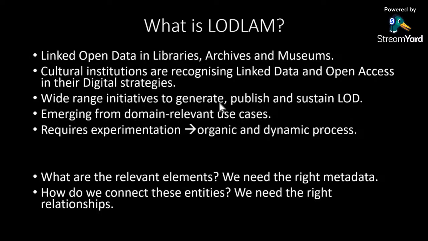And second, how do we connect these entities? We need the right relationship. So again, it's not about just connecting everything because we want to, but rather how do we establish these connections? How do we make these connections relevant to us? How can we make sure that we are creating the right relationship so that this information is discoverable in the future? So those are two questions that I think are really interesting and relevant right now to keep exploring further.